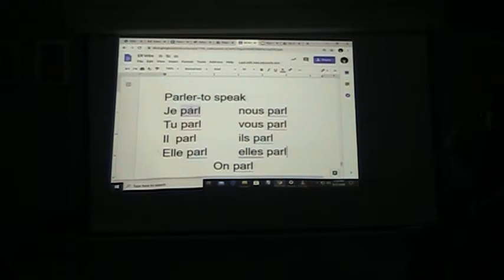Is everybody good? You're not done yet. Each one of these stems has a different ending that goes with the subjects. Don't worry, we're going to practice this over and over. Je is just an E. Tu is an ES.